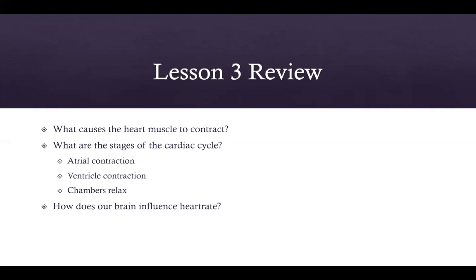How does our brain influence heart rate and when? So talking about the autonomic nervous system, we've got the parasympathetic, where our body is relaxed, we're having a meal and everything's okay. And then we've got the other situation where we might be running from a bear and our body needs lots of oxygen quickly. Our heart rate needs to pick up to accommodate this big change.